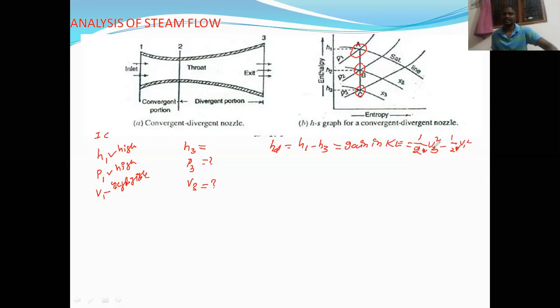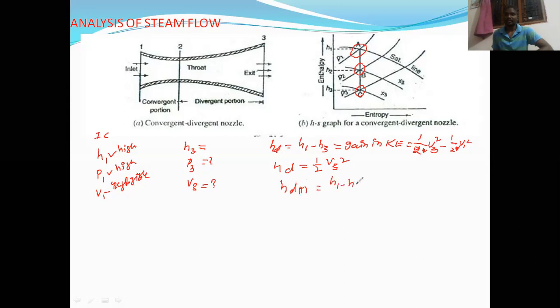Here V1 is negligible, so we can simply write the heat drop HD is equal to 1 by 2 V3 square. This is what happens in the nozzle. But this H1 to H3 is a theoretical expansion.